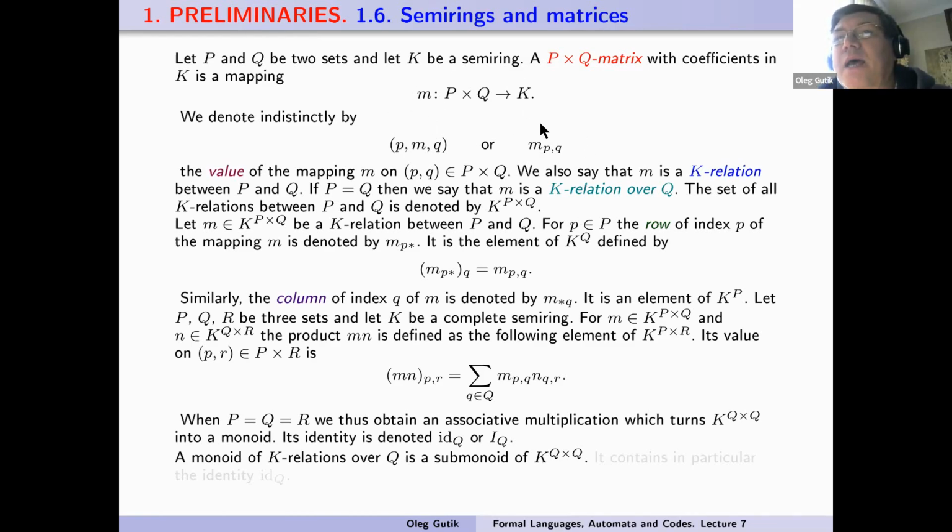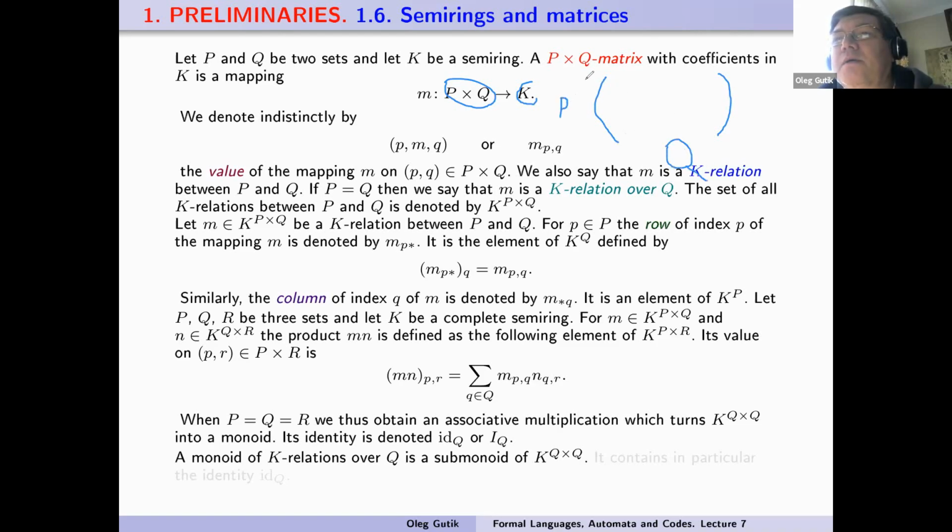Every such mapping from such a product, what does it mean? We get the matrix. Here we have P elements, here we have Q elements.